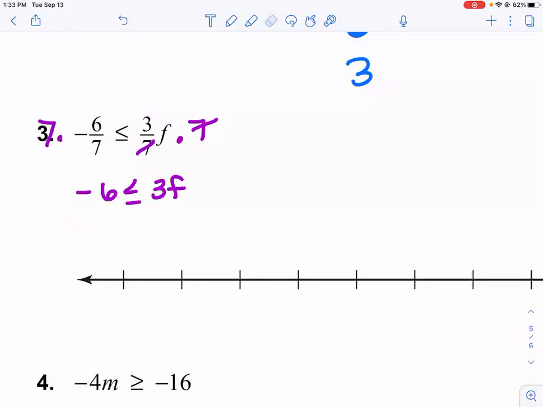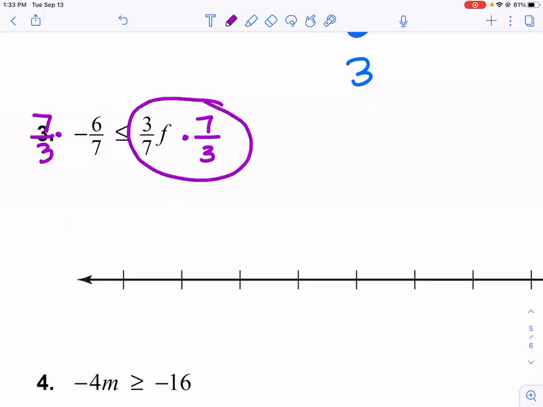I'm gonna show you a trick though. This is totally fine, but if you wanna do it quicker, whatever that fraction coefficient is in front of your variable, we can multiply by its reciprocal on both sides. Because what's 3/7 times 7/3? 1.